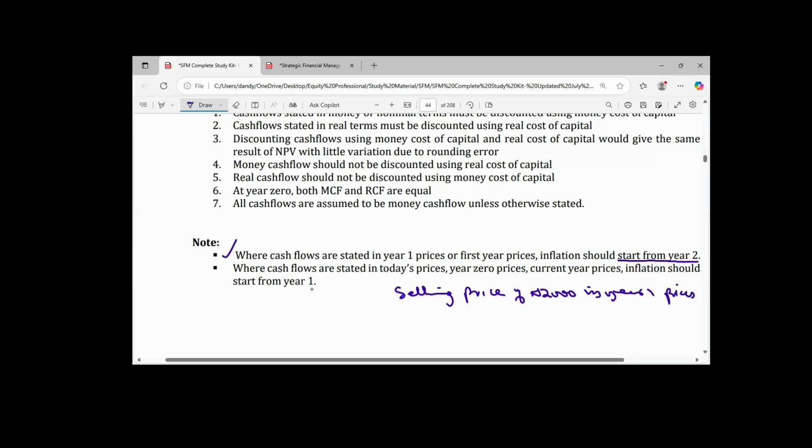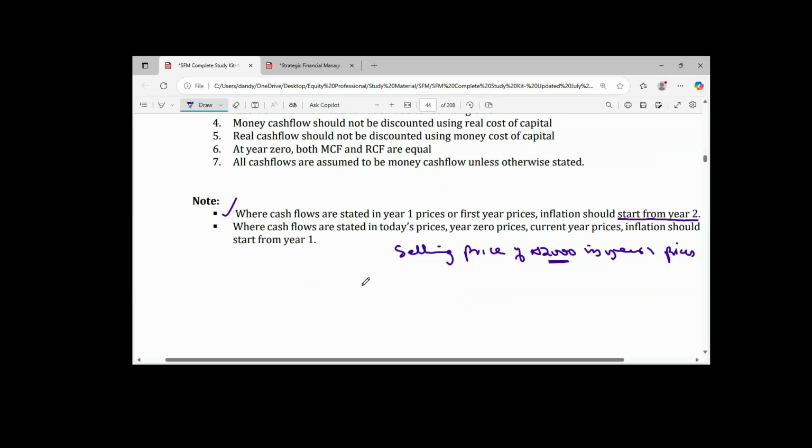That's what the examiner has just told you. So this means that this 2,000 is a real cash flow. The 2,000 is a real cash flow. So if I want to inflate, say for example, inflation rate is 5%, the selling price, and let's say the useful life of the project is 3 years, I will do for year 1, year 2, year 3.